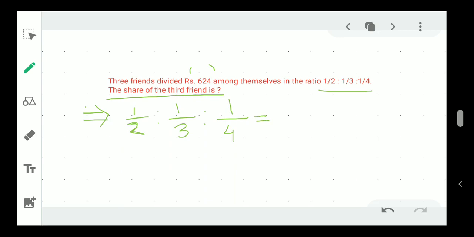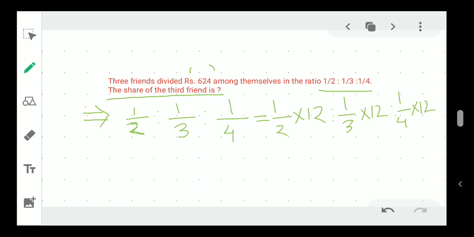We know that the LCM of all the denominators is 12, so I will multiply 12 here, here, and here as well.